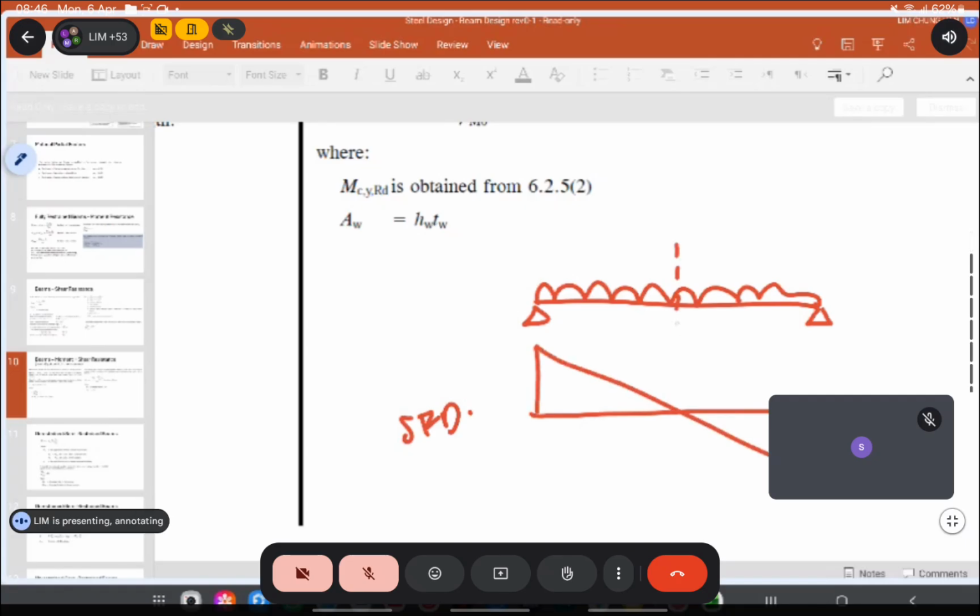This is the midspan. So, where is the shear force the highest? Someone tell me, based on this diagram. In the middle, or is it 2/3, or is it at the end of the beam? At the end of the beam. Yes, it's highest at the end of the beam.